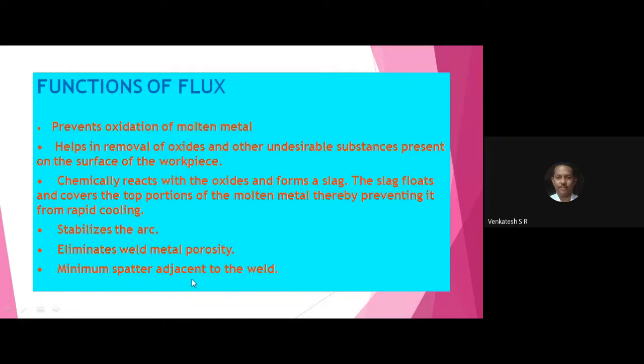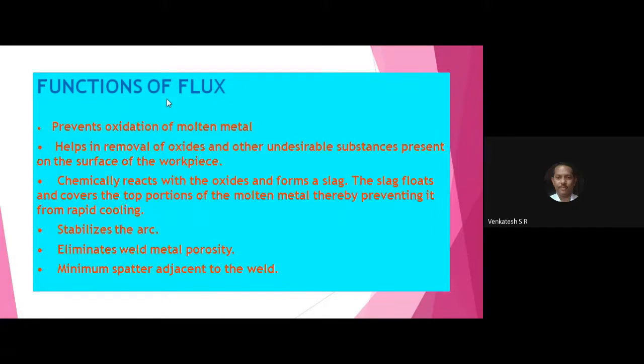Next, minimum spatter adjacent to the weld. See, sometimes the disturbance of the portion near the welded joint always occurs. That type of spatter is reduced by the presence of flux on the filler rod or electrode. So these 6 functions are very, very important.